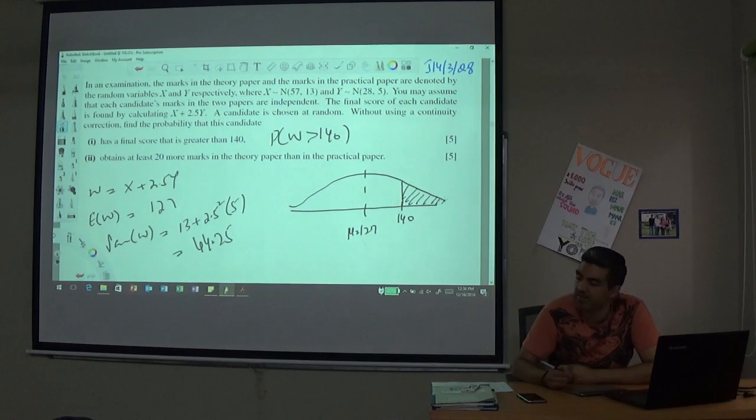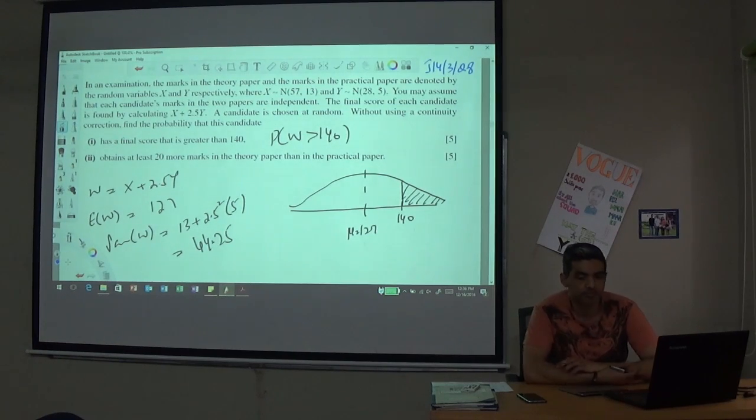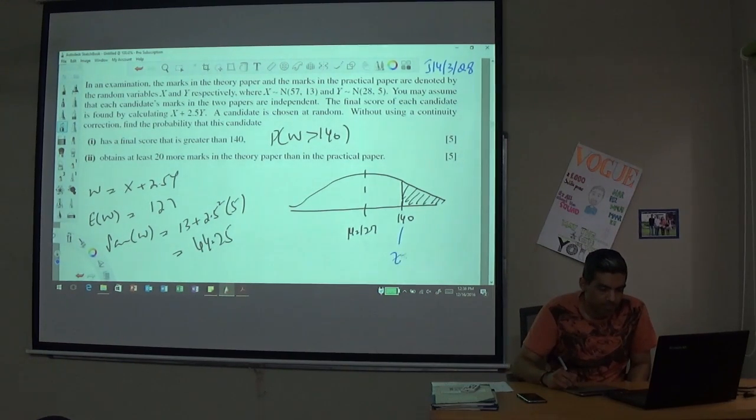So we want the right side area. Let's get the z value. What's the z value?